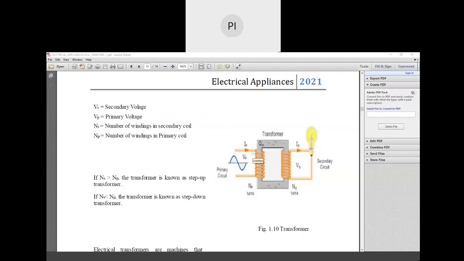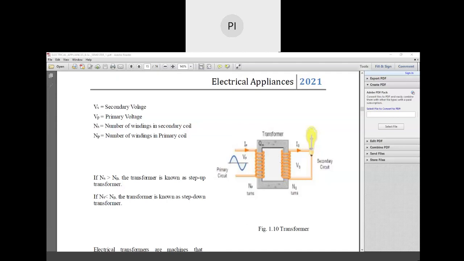If Np is equal to Ns, then Vs is equal to Vp. The voltage applied at the input is equal to the voltage we get at the output, and the frequency is also the same. If the input frequency is 50 Hz, the output frequency is also 50 Hz.